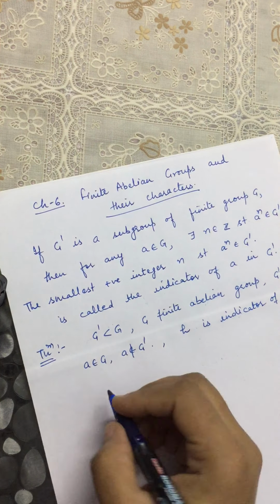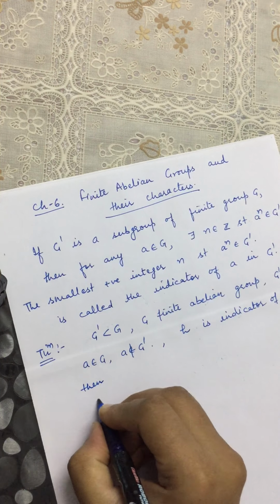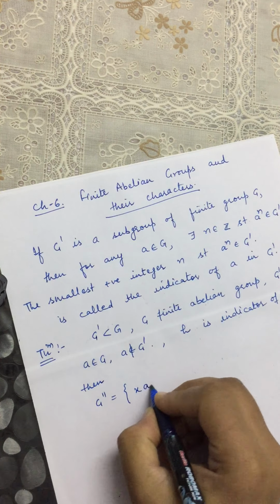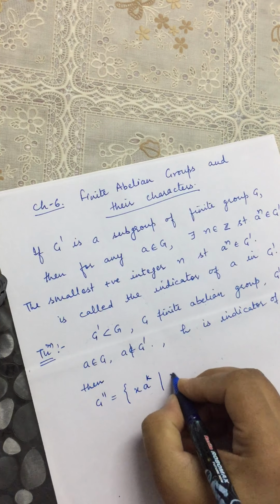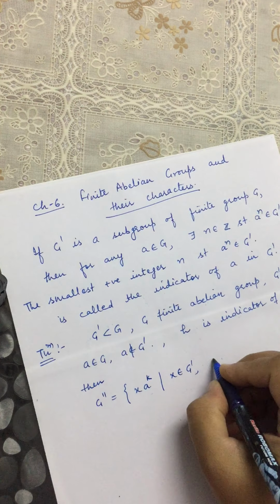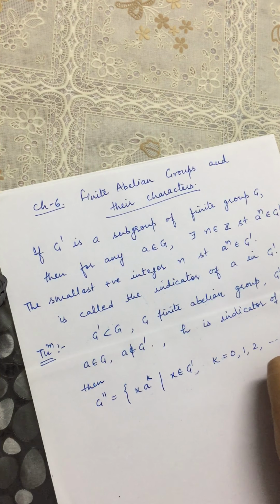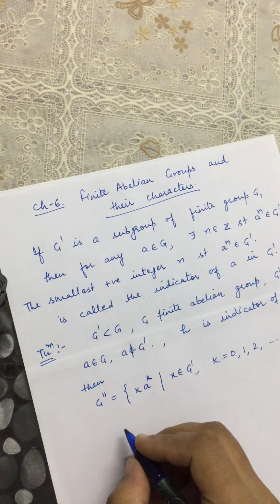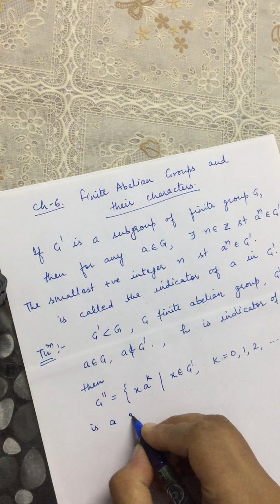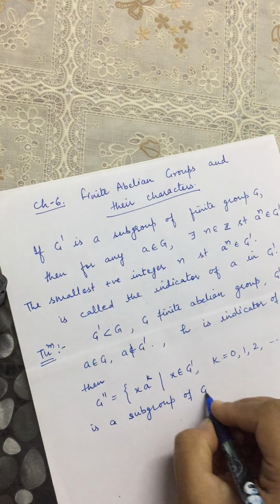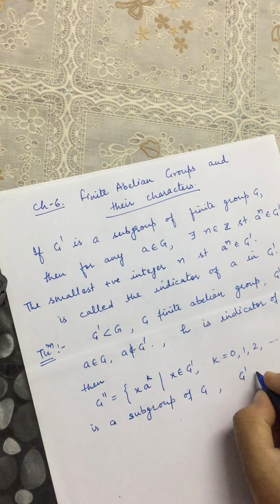Then this set G double dash, which is the collection of all the products x into A raised to k, where x is an element of G dash and k is any integer between 0 and h minus 1, this G double dash is also a subgroup of G which contains G dash.